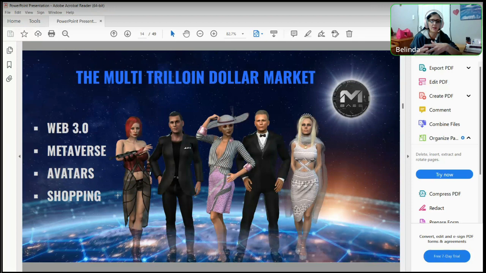So the avatar gives you a virtual self, with your measurements. You will enter all your measurements, and an avatar, a digital version of you, will be made, so that you can try on clothes from all these different stores that are going to be incorporated in the Metastar and Minebase collaboration.